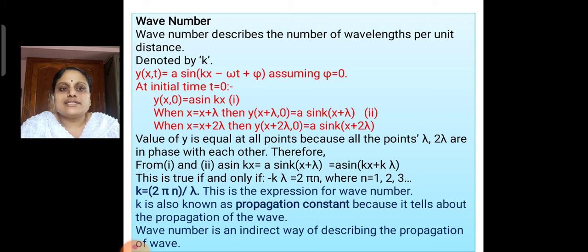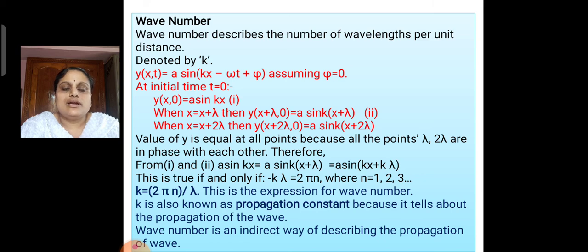The value of y is equal at all these points because x plus lambda and x plus 2 lambda will be in phase with each other. Therefore, A sin k(x + λ) must be equivalent to A sin k(x + 2λ).